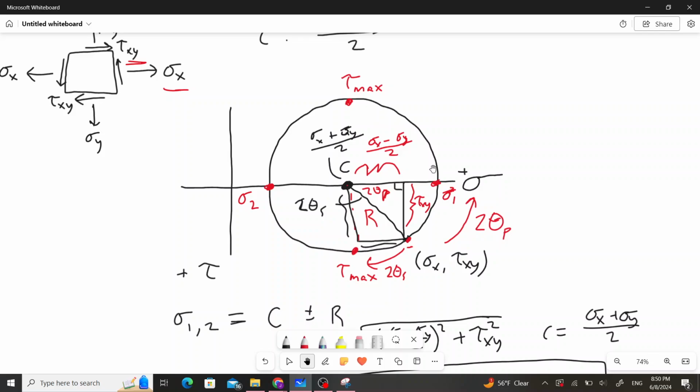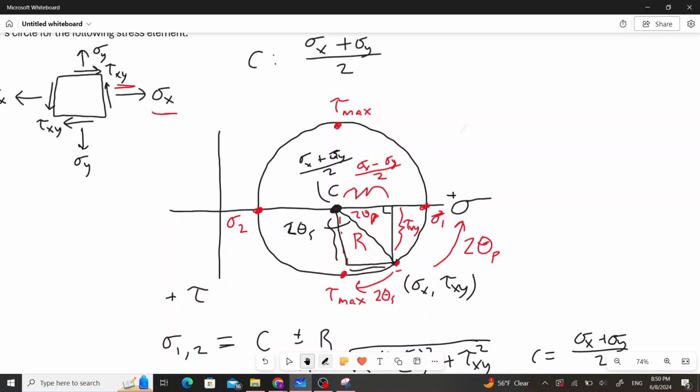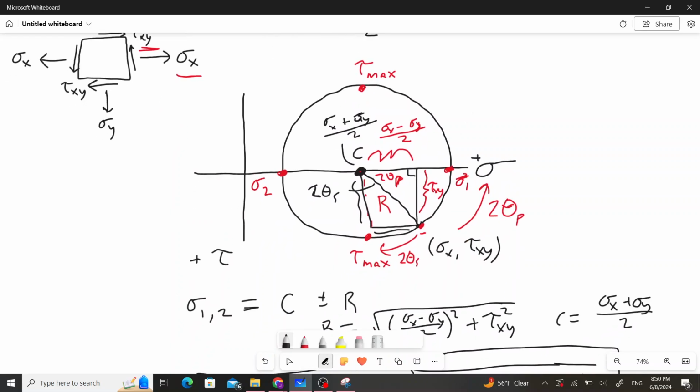So yeah, there's a few things we can note here. First, you can see the angle of rotation to get between sigma 1 and sigma 2 on Mohr's circle: those are offset, 180 degrees away from each other on the circle.